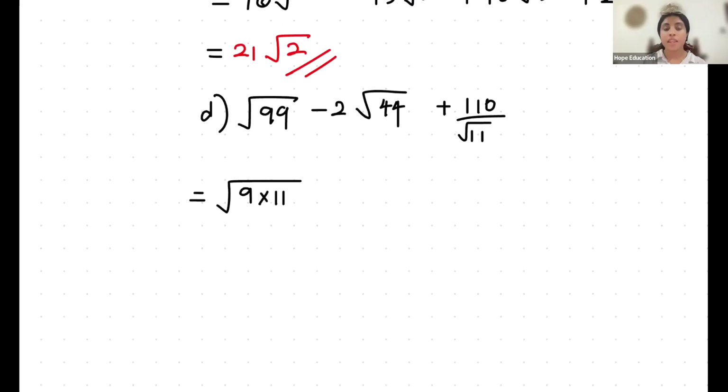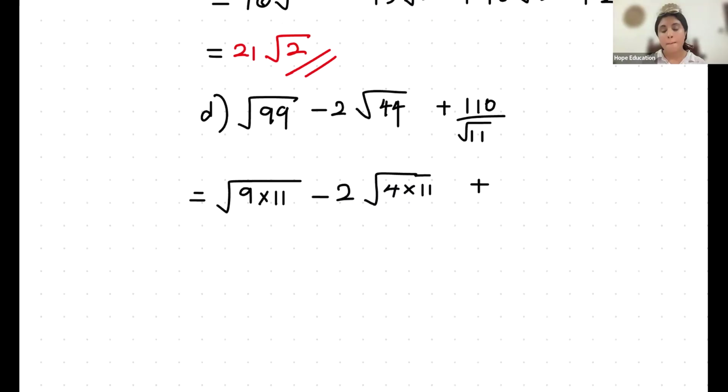Now root 44, by breaking it down. Root 44 is 4 into 11. Yes. 4 is the perfect square. So 4 into 11 is 44.